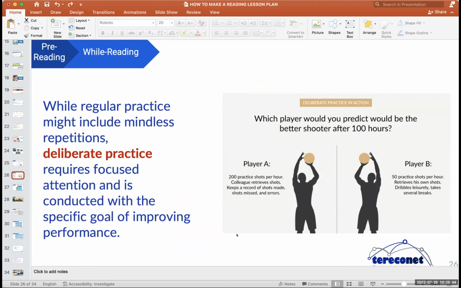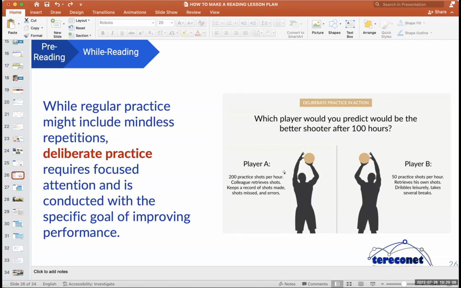Player A might do 200 practice shots per hour, but without analyzing the strategy or the mistakes, or looking at himself in the mirror, at the way the body, the hip, the legs move, he would repeat the mistake over and over again.